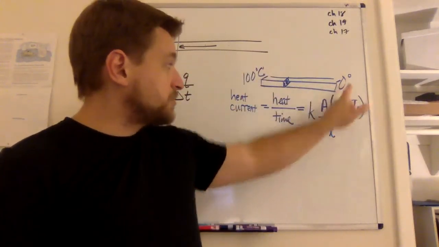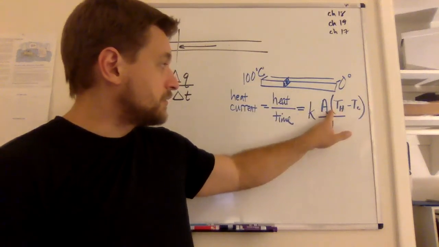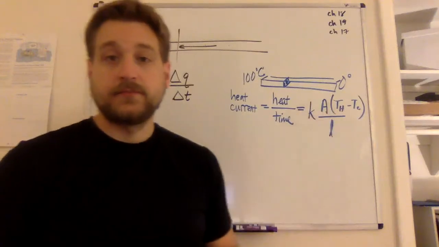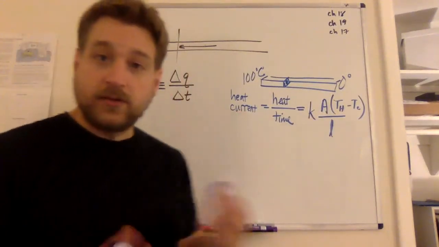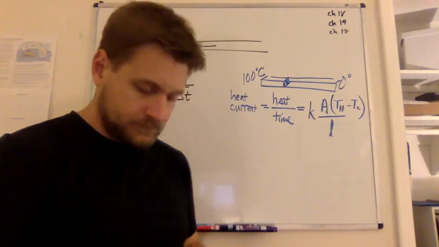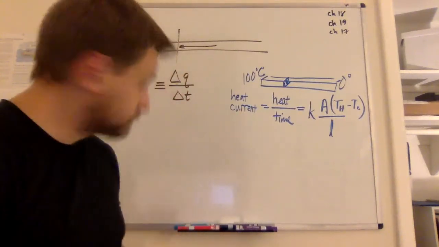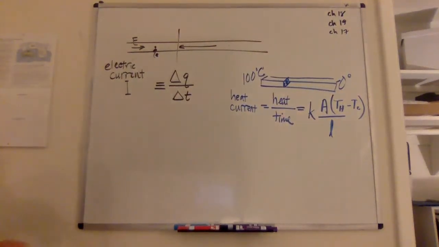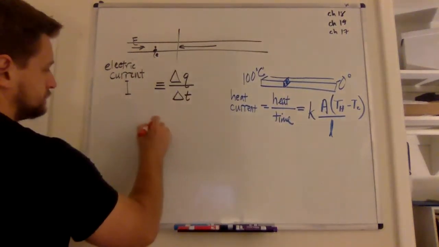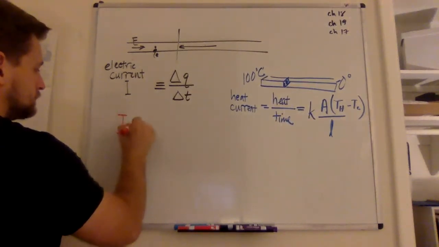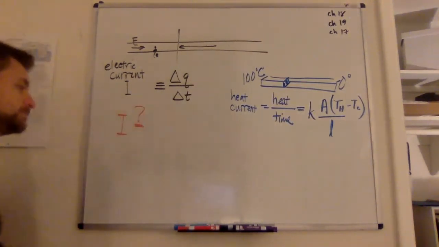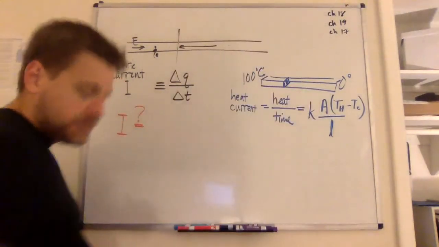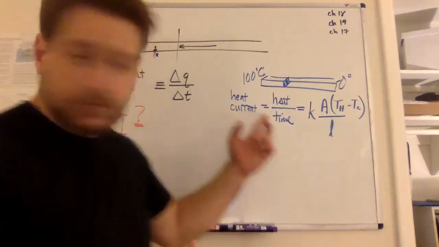If we know the difference in temperatures, the cross-sectional area, the length, and the thermal conductivity, then I can tell you how much current there will be.